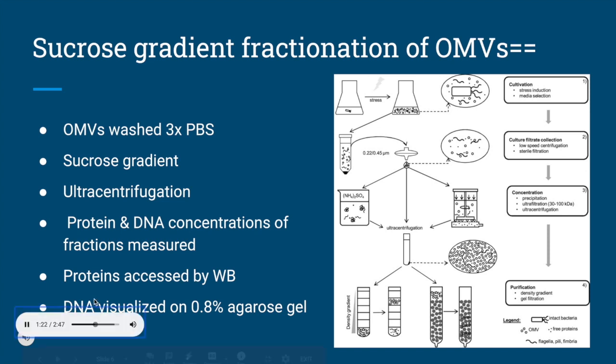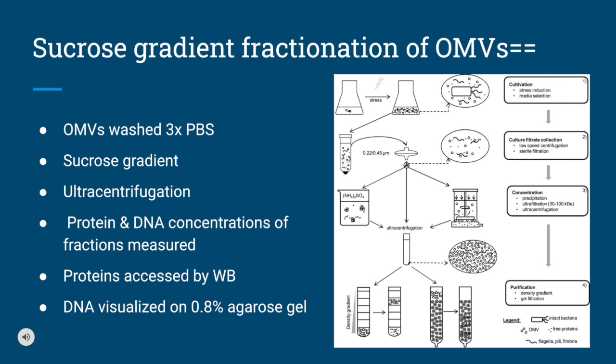Once the culturing, isolation, and purification of the OMVs was done, the density gradient of the OMVs could be completed. The OMVs were washed 3 times in PBS and then layered onto a discontinuous sucrose gradient, which separates the OMVs based on the density with different percent sucrose, weight by volume. A discontinuous gradient just means that all the separated components are distinctly fractioned, as seen in the diagram in the bottom left corner.